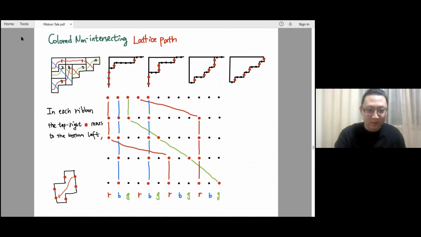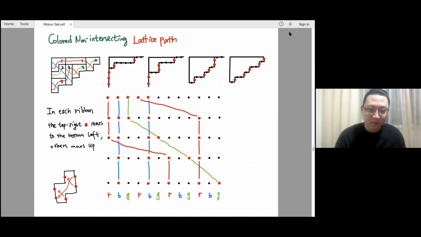Another cool thing is that we can recreate this path on the ribbon diagram, on the tableau diagram. And the rule is that in each ribbon, we're going to let the top right particle move all the way to the bottom left, and then the other particles in this ribbon are going to move up.